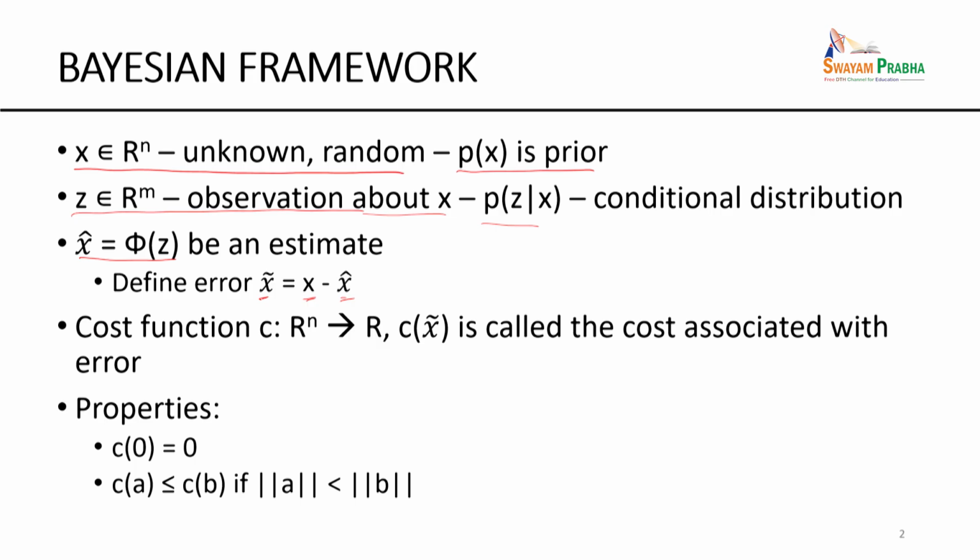Now I am going to create a cost function, which is the cost of associating the estimate with the truth. So the cost is a function of the error. The cost is a functional from R^n to R, defined by C of x tilde, where x tilde is the error. This is the cost associated with the error in the estimate.